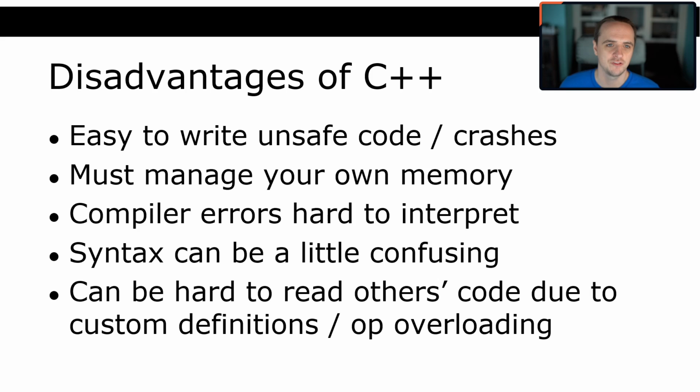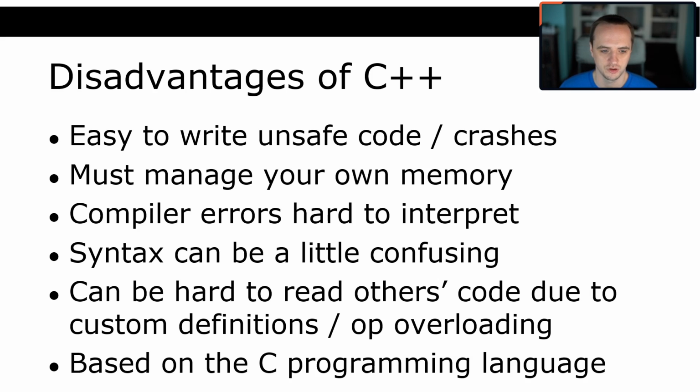And so if someone has written unsafe code or really customized code, it can be actually really difficult to read that code. In my courses, I try and give you as vanilla C++ as possible so that it is actually really easy to read. But in general, it can be hard to read other people's code if they've gone a little bit too crazy with the customizable code.